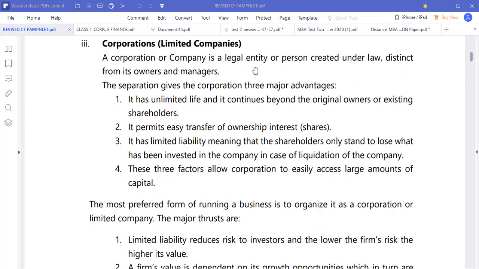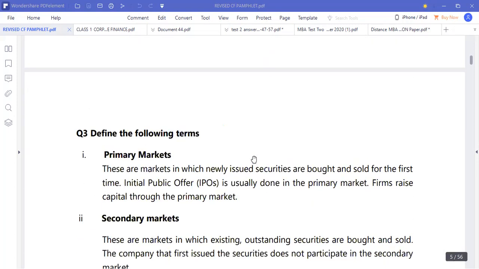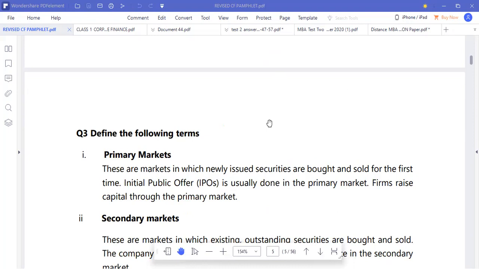Okay, so we now graduate into markets. We're going to look at what we call primary markets and secondary markets. When we're dealing with the stock markets, the primary market deals with newly introduced securities.